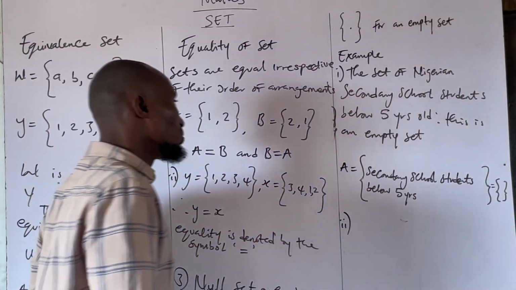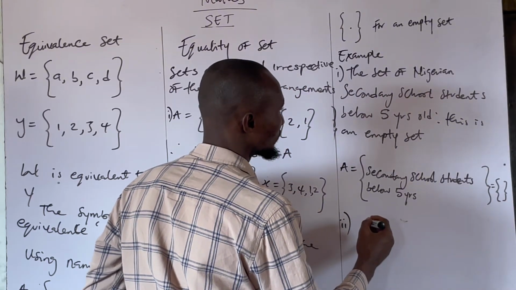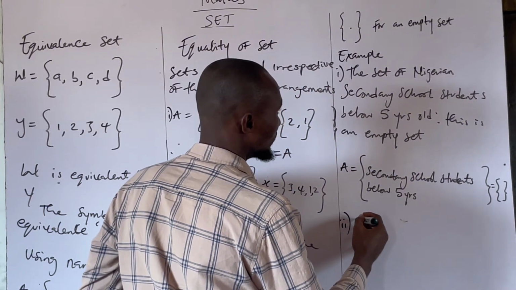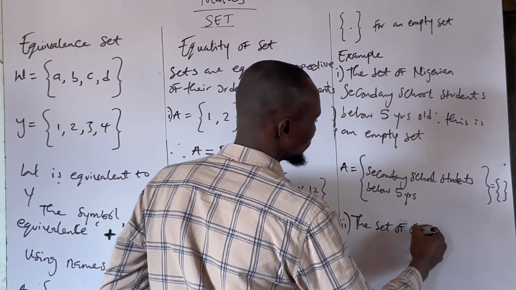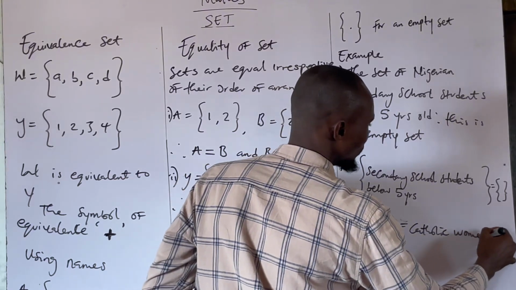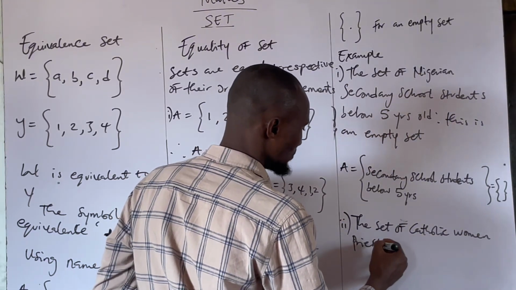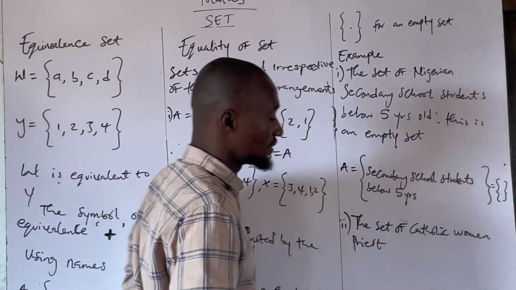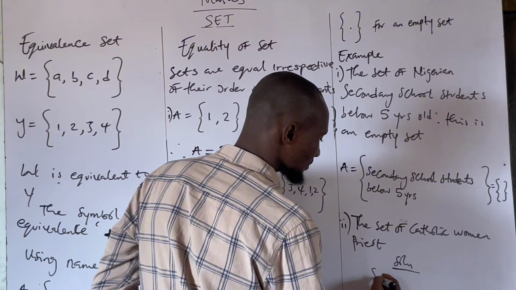So, example two: the set of Catholic women priests. Solution: this is an empty set.